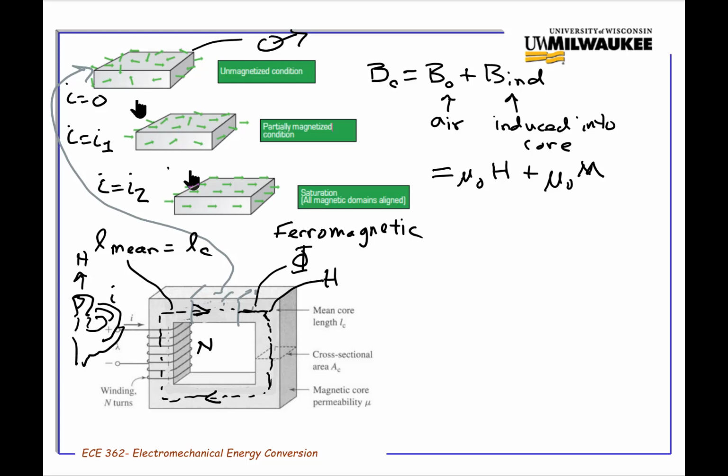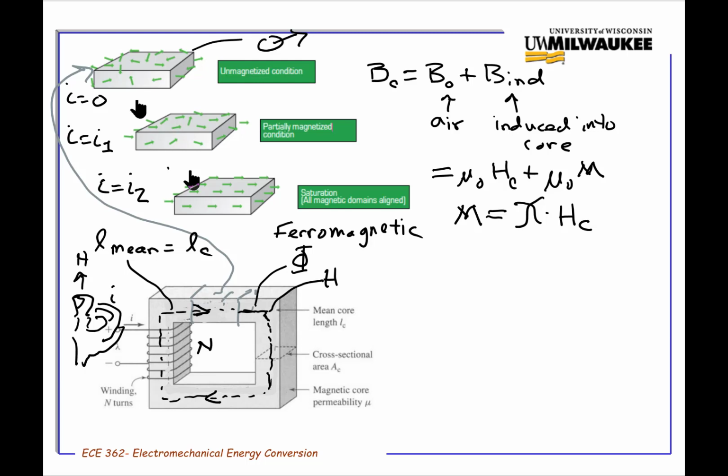And now I'm going to define M, the magnetized field intensity, as being equal to this chi symbol times H in the core. I'm also going to put the little C subscript on the H right there.